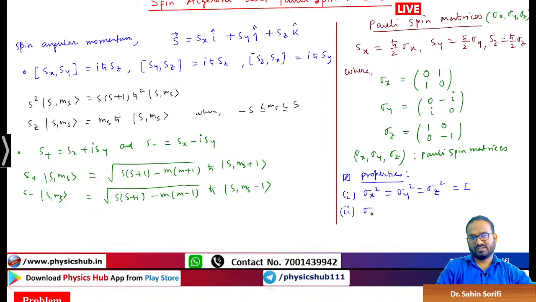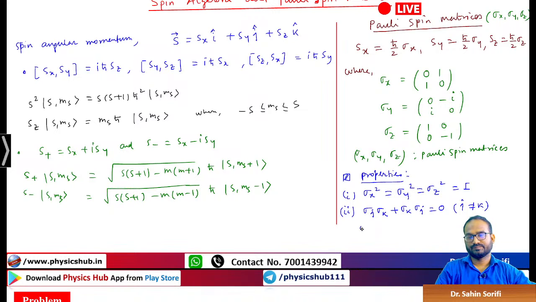If you calculate sigma j sigma k plus sigma k sigma j, then this will be 0. What does it mean? This means they anti-commute. Anti-commutator is represented by this second bracket: the anti-commutator of sigma j, sigma k is equal to 0, that is, they anti-commute.